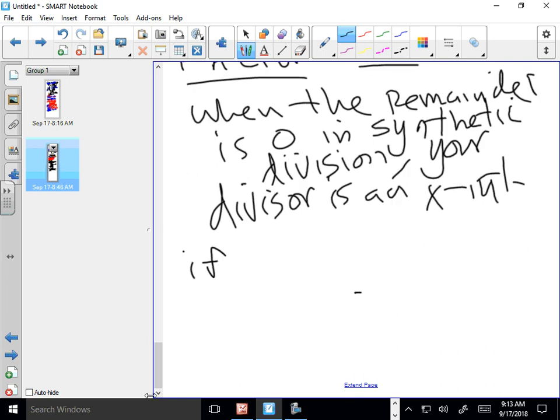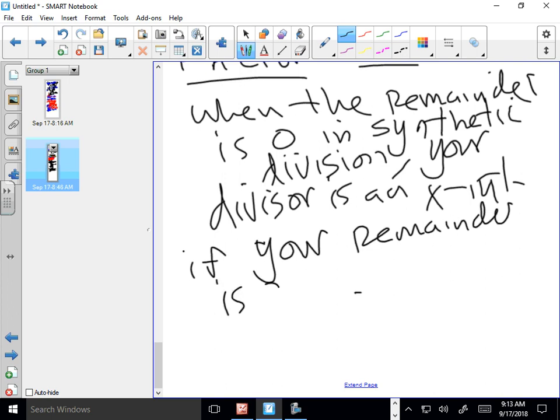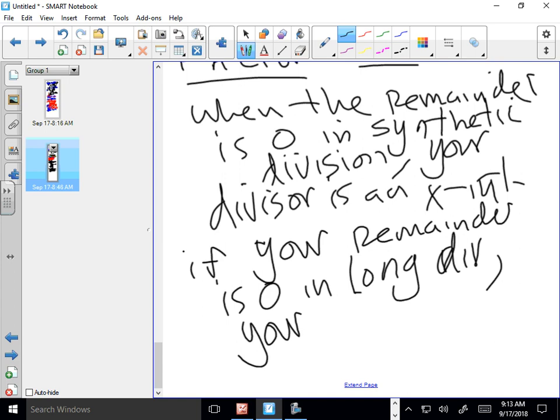If your remainder is 0 in long division, your divisor is a factor.